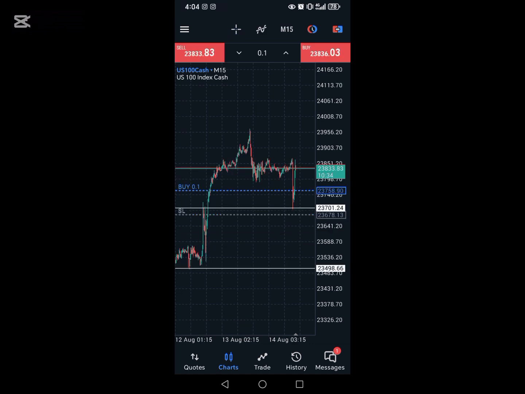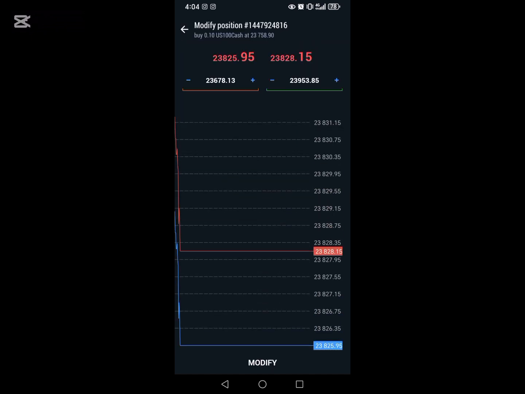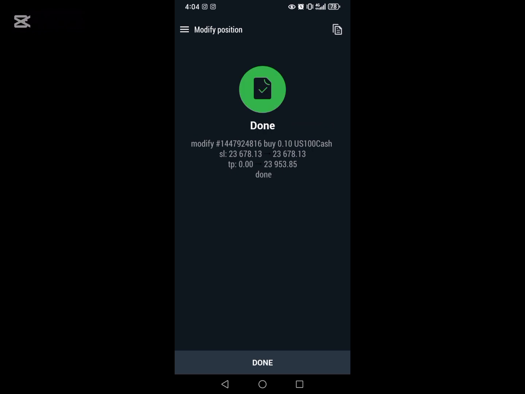Therefore, I come back after some time, and voila, this is what we got. This is where the market is right now. I had a choice to close right now, but I saw that the market has a potential of pushing a bit more up. So I found a perfect TP, then just set my TP and waited to see what's going to happen.